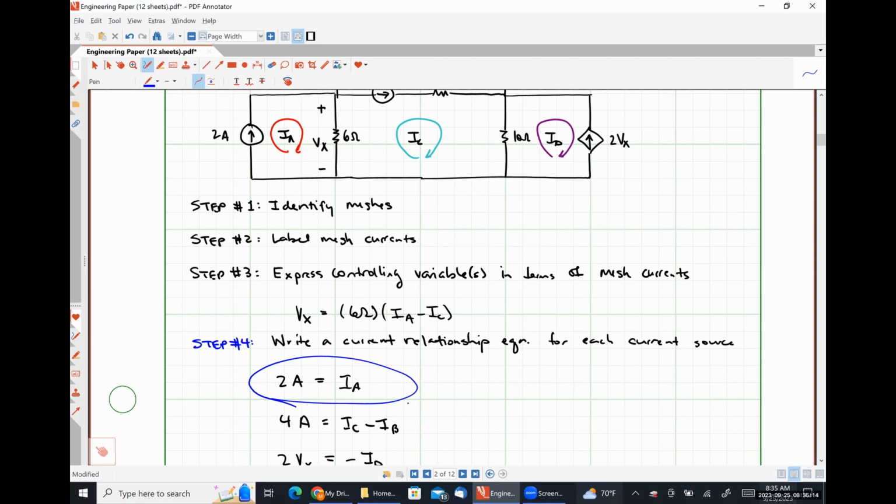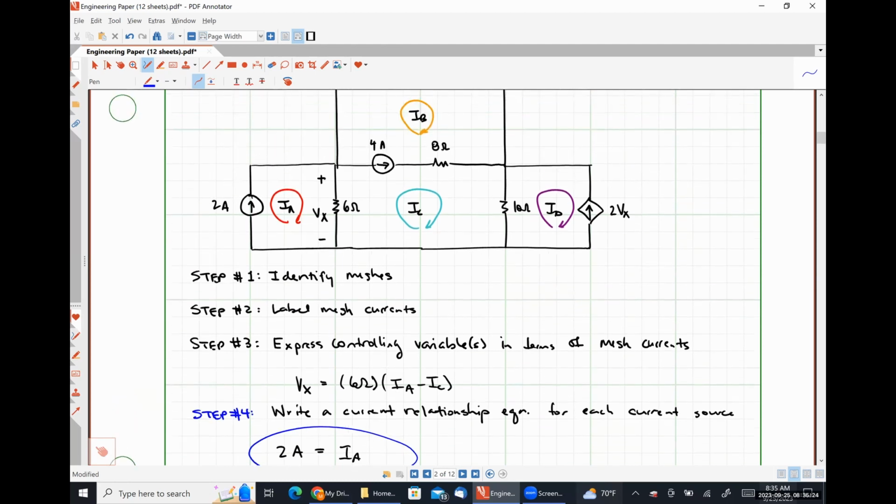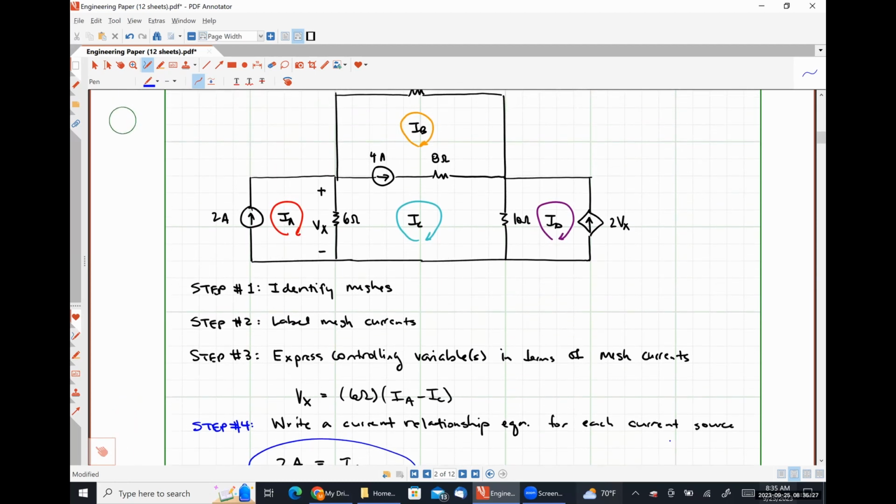Same thing for the 2Vx dependent current source on the right-hand side. We literally cannot write a KVL equation. Now, let's look at what's going on with the 4 amp source, right? So it's not on the edge, so we could try to come up with something, but we're going to wind up having the exact same problem.